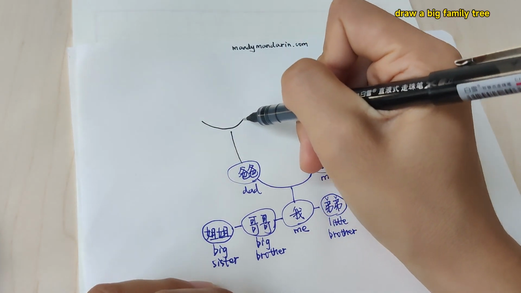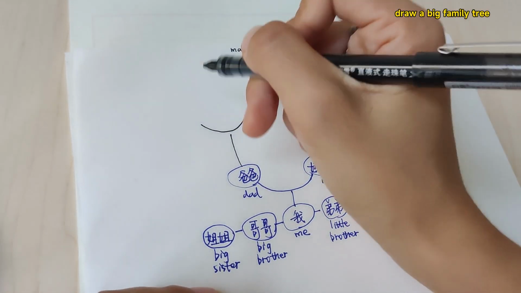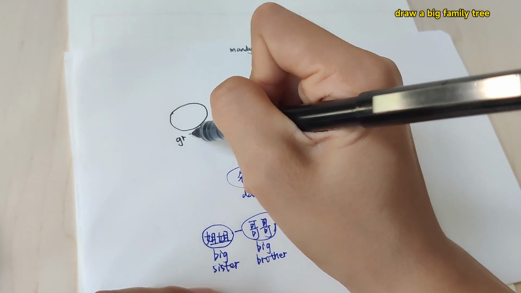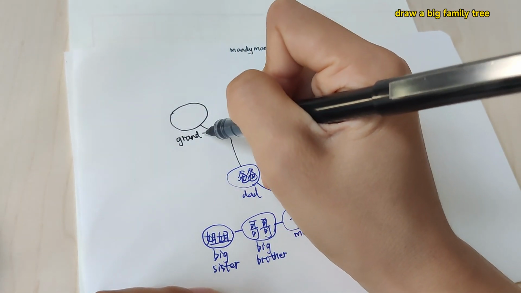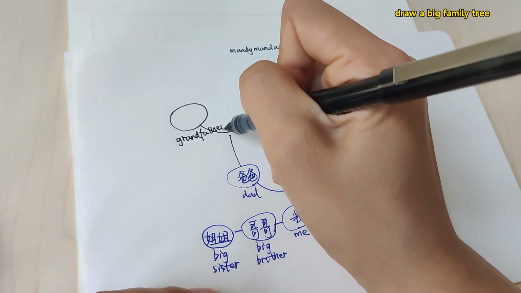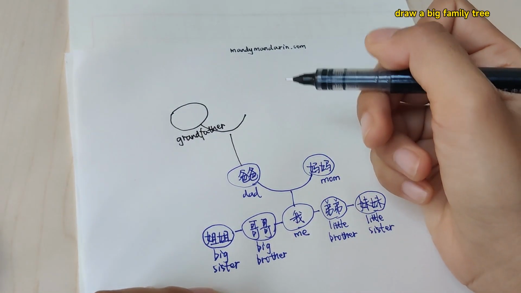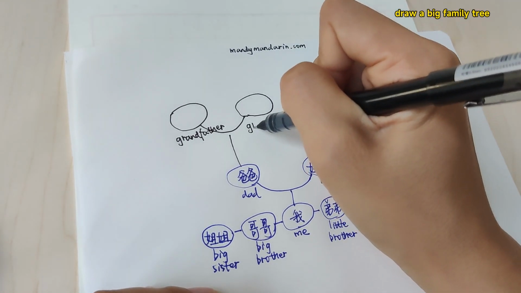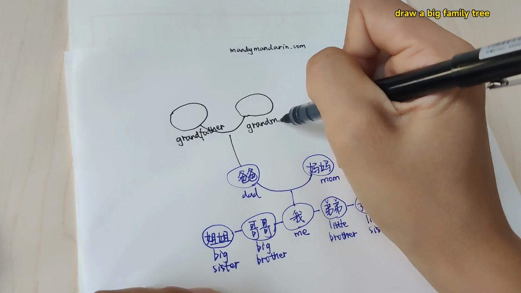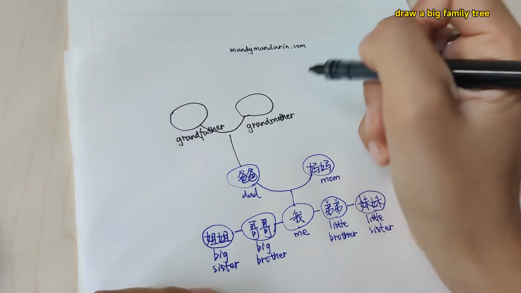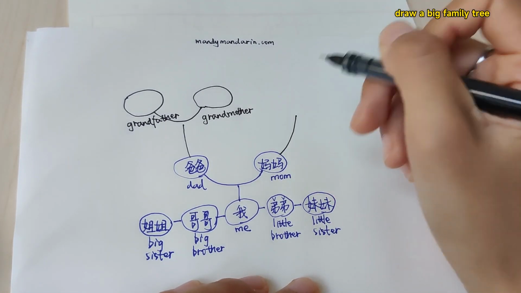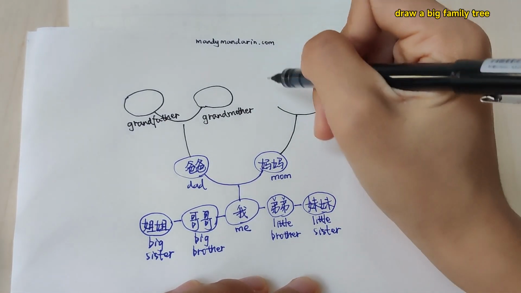the father's parents. This would be the grandfather from the father side and grandmother from the father side. And for the mother side, it's the same.